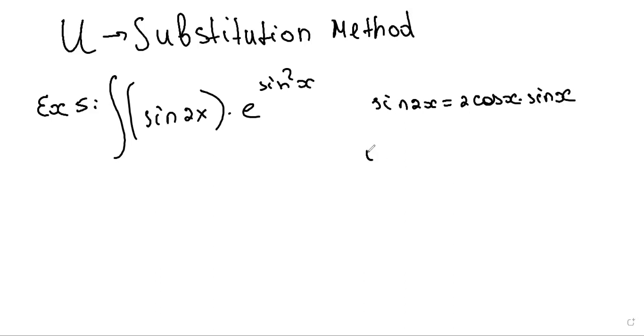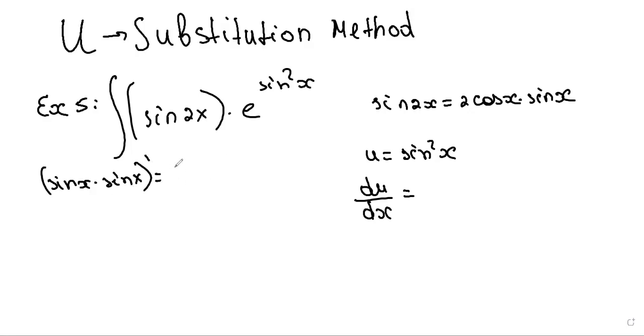If I write u is equal to sine x times sine x, so sine squared x, then du divided by dx will be, let's find what it will be. If we write sine x times sine x and find the derivative, that will be the derivative of sine x times sine x plus sine x times the derivative of sine x.